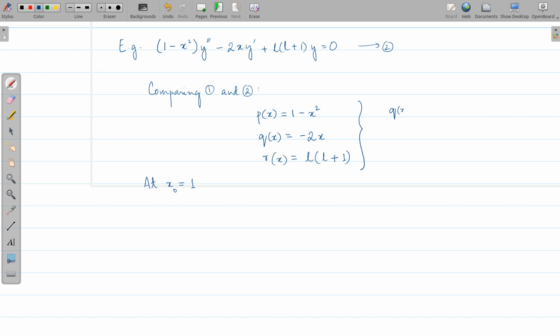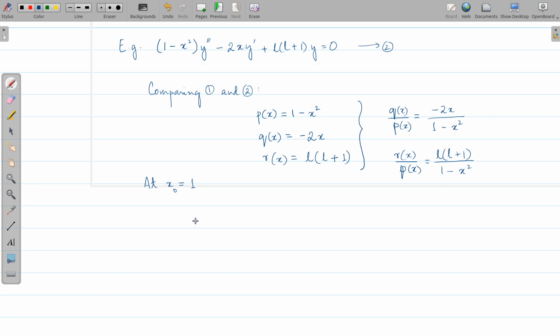So q of x by p of x is equal to minus twice x divided by 1 minus x square, and r of x by p of x is equal to L into L plus 1 divided by 1 minus x square. This is what we have.